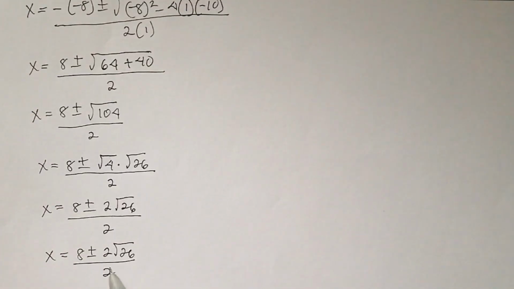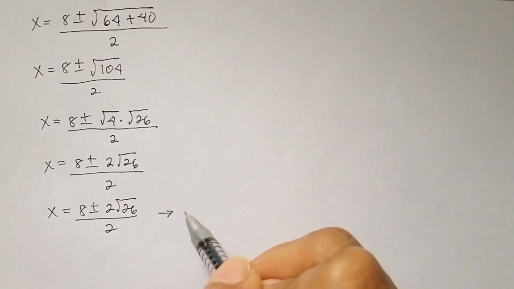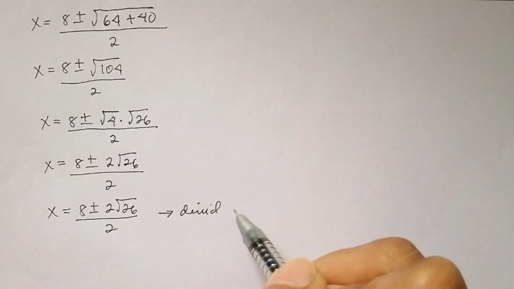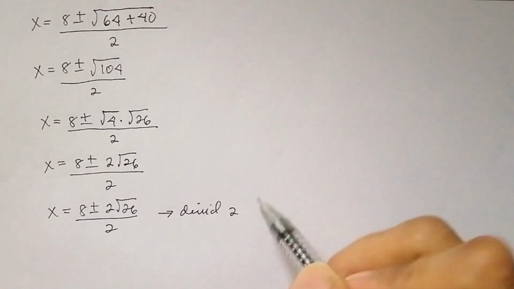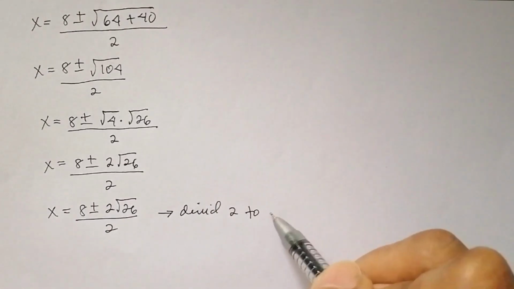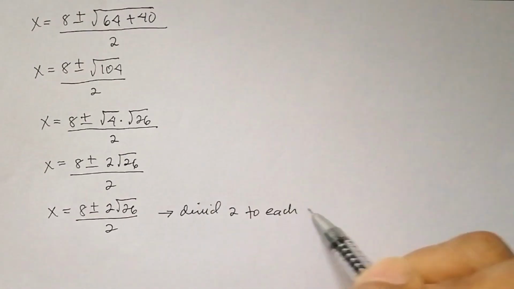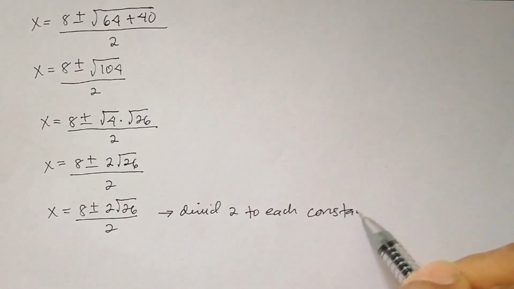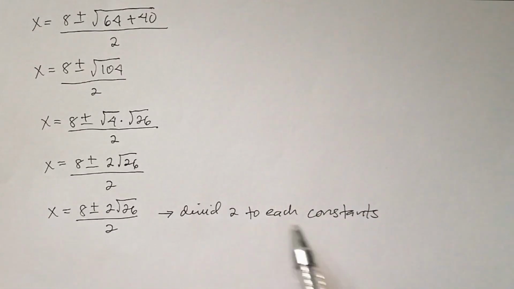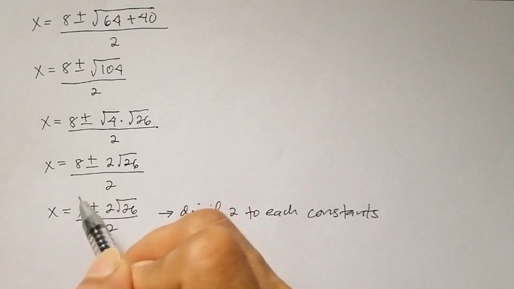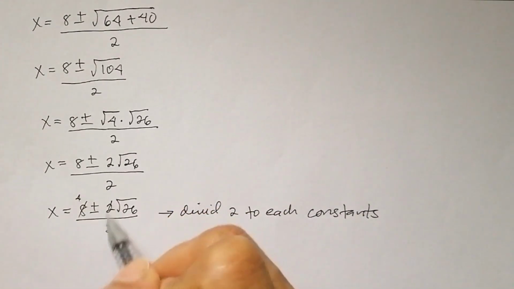Now in this form, the 8 and 2 is divisible by 2. So we divide it by 2 to reduce it into lowest terms.